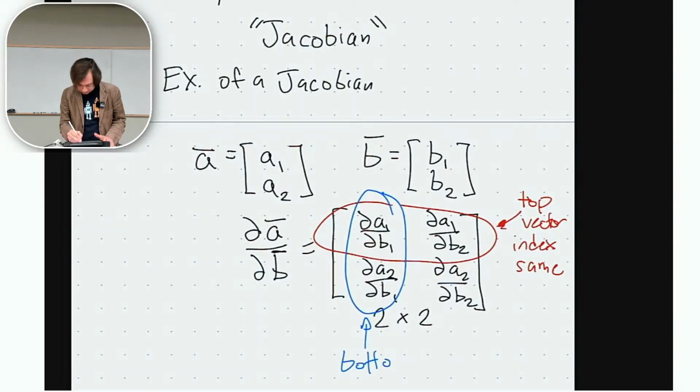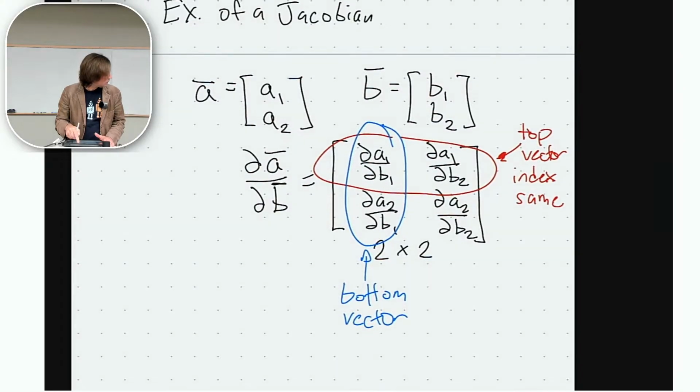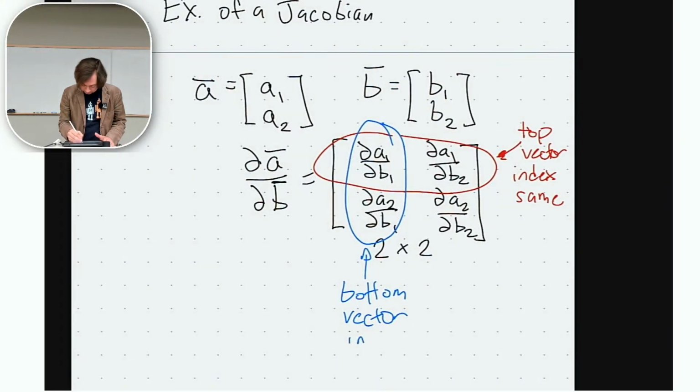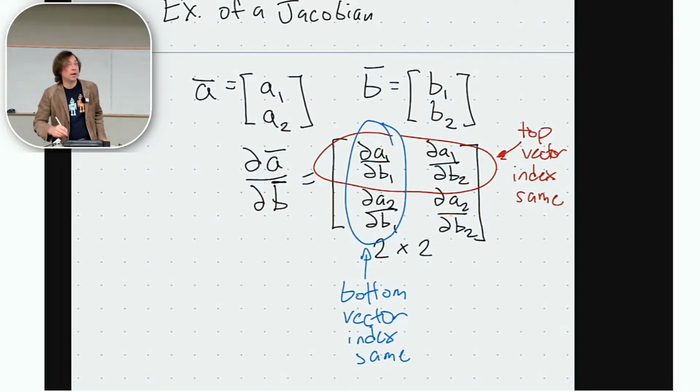The bottom vector index is the same. And this works for any arbitrary number of elements in those vectors. And they don't have to be the same size.